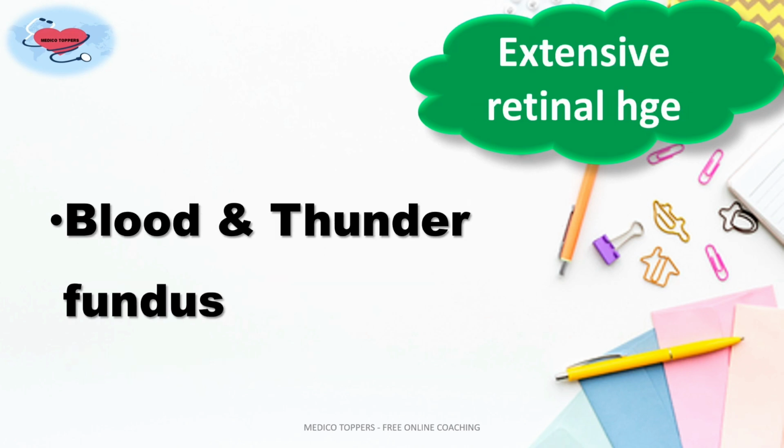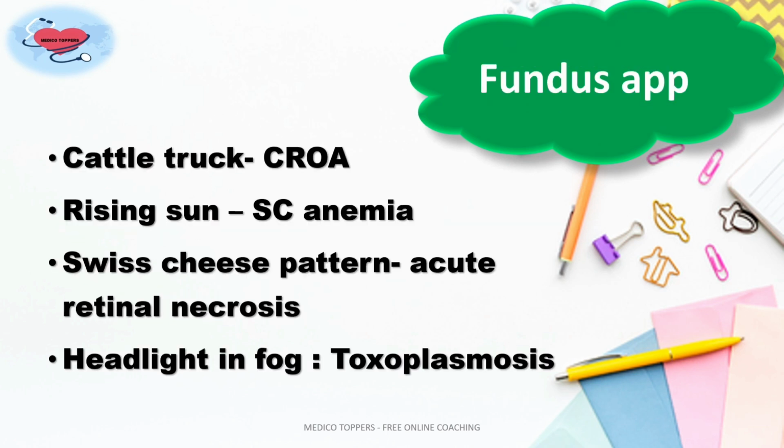Blood and thunder fundus is seen in central retinal vein occlusion, and there should be extensive retinal hemorrhages so that we can have the appearance of blood and thunder fundus. Central retinal vein occlusion. Now some of the important appearances of fundus.